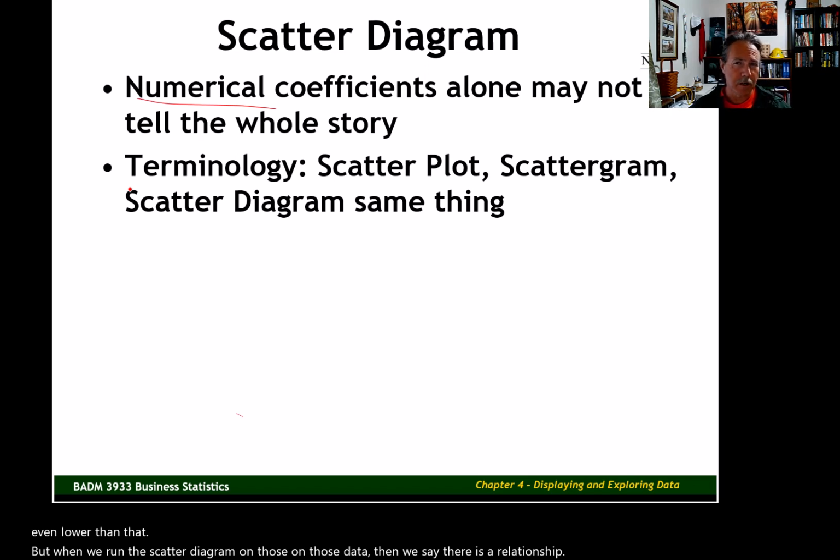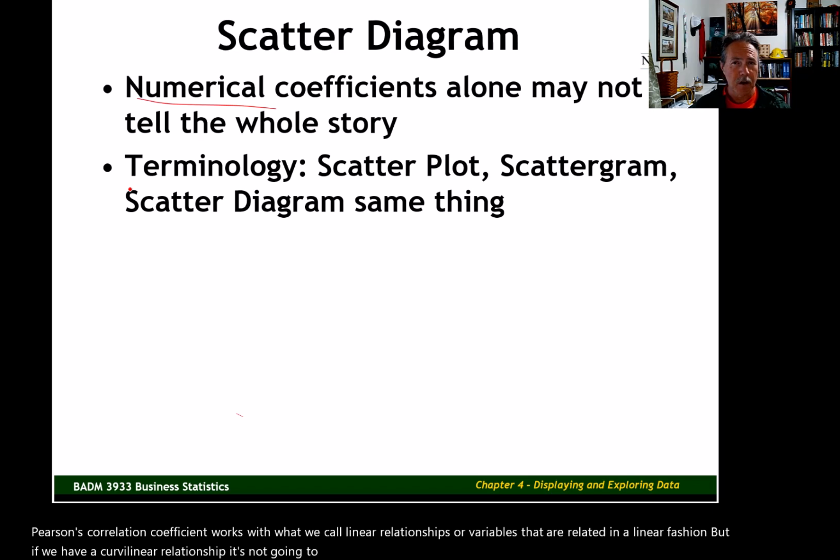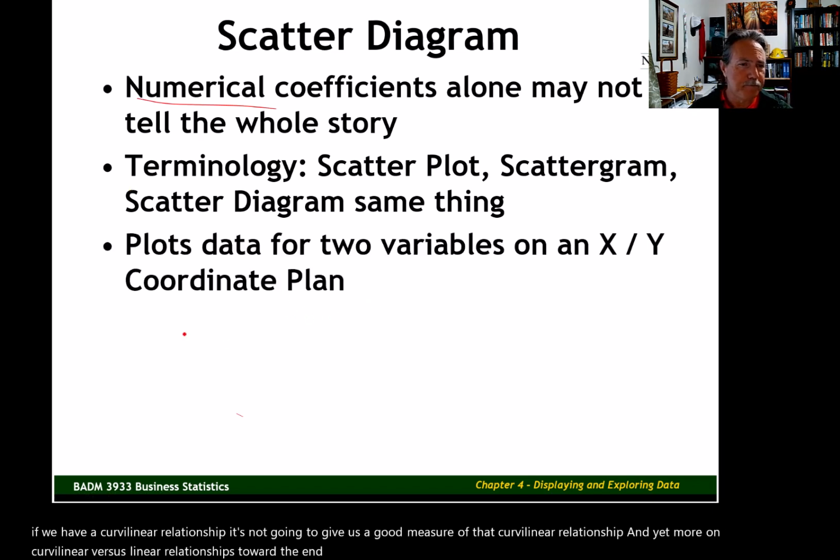Pearson's correlation coefficient works with what we call linear relationships, or variables that are related in a linear fashion. But if we have a curvilinear relationship, it's not going to give us a good measure of that relationship. And again, more on curvilinear versus linear relationships toward the end of this video.